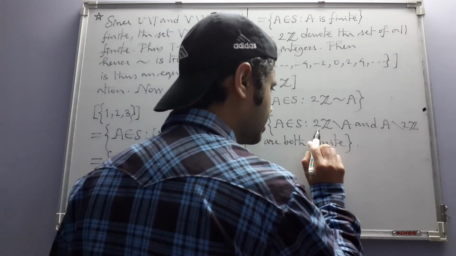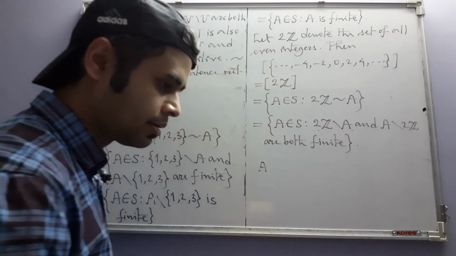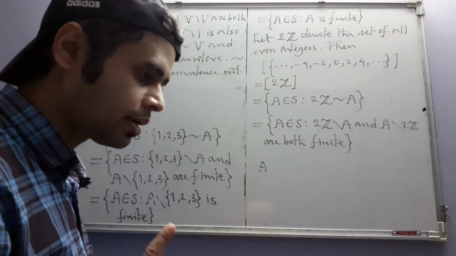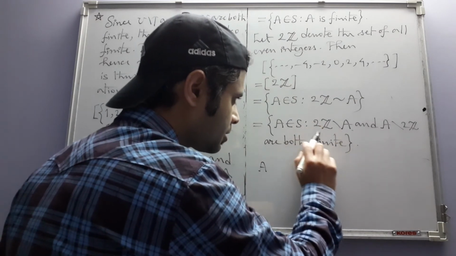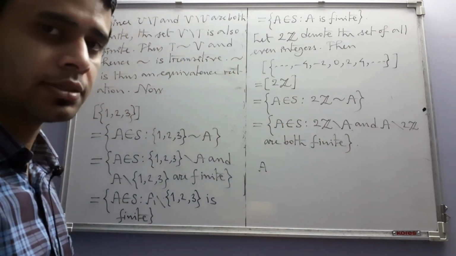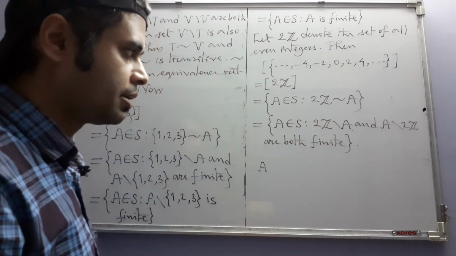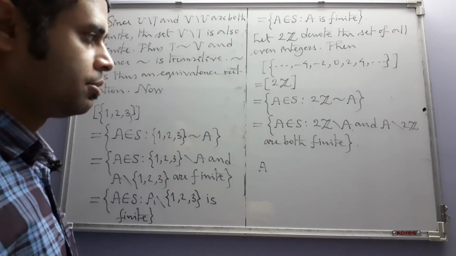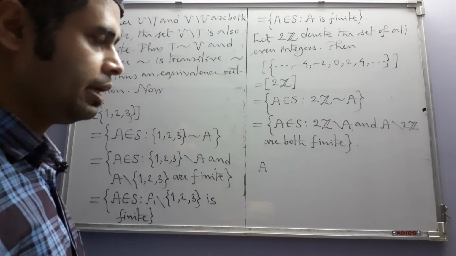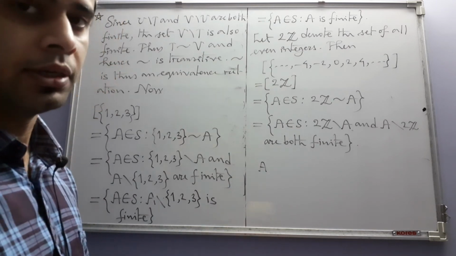The fact that this is finite tells us what? A itself cannot be finite because the set of even integers itself is infinite. So in order to make this difference finite, we have to choose a large A, and that too not just any large A. It's not even enough for A to be infinite.